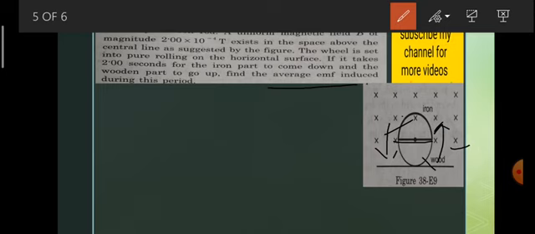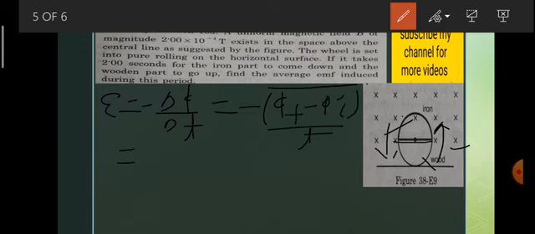In this condition you have to find the average EMF. So for this we have average EMF is given by minus delta phi over delta t. We have this formula, delta phi over delta t, is phi final minus phi initial upon t, or we can write this equation as phi initial minus phi final upon t. Now here for phi initial, the iron part of the circular wheel is in magnetic field.